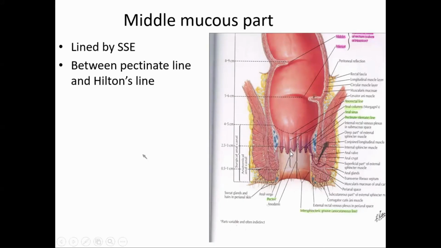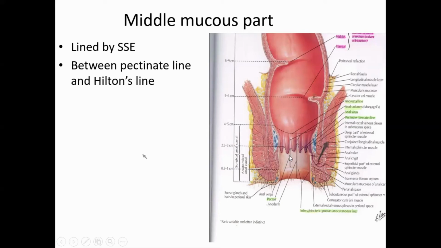Now the middle mucous part, its length is about 15 mm, and it is lined by the non-keratinized stratified squamous epithelium.